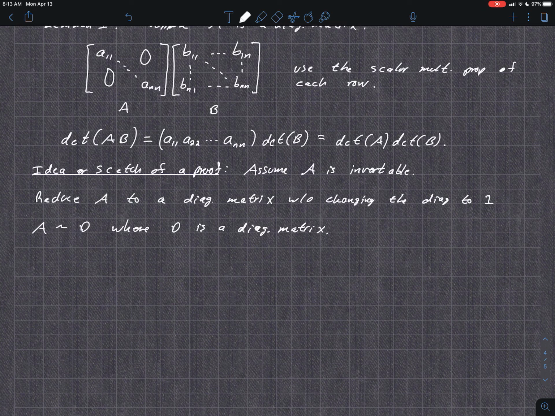So you do that by elementary row operations. So we do by elementary matrices.